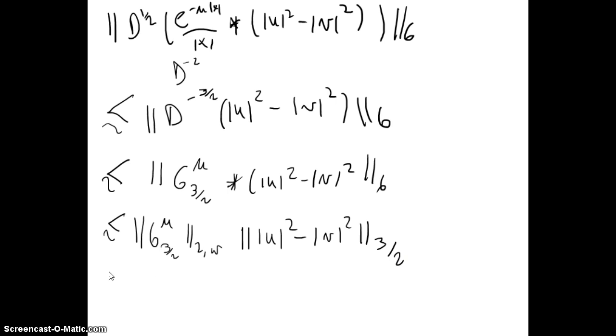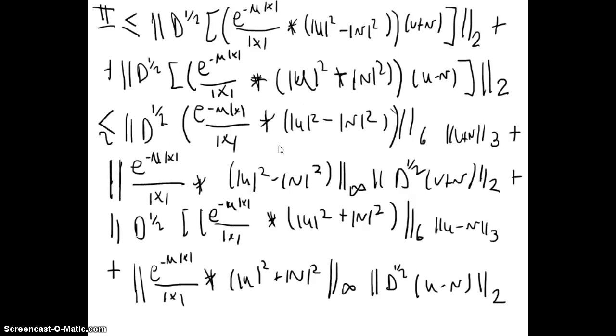Okay, so as we did before, we take this as a constant, we divide this and use Hölder, and we will obtain u plus b norm 3, u minus b norm 3. So we've bound this one, and now we're going to try to bound this one we have here.